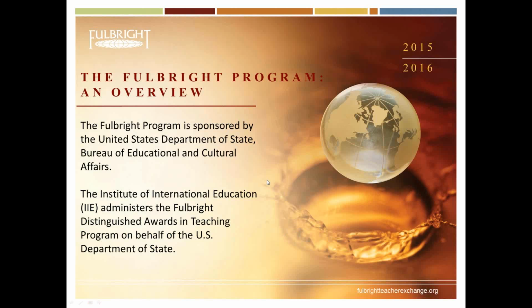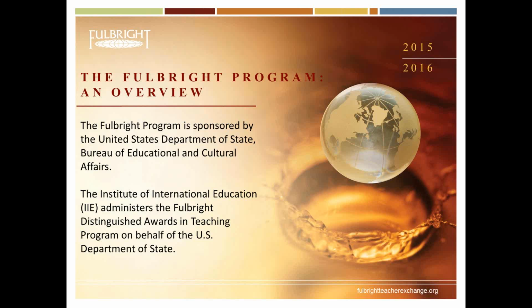Hopefully. There we go. All right, on this slide I want to give you a general overview of the program, and this overview applies to all countries, the entire program overall. Many of you, if not all of you, are very familiar with the name of the Fulbright program. The Fulbright program itself is sponsored by the United States Department of State, Bureau of Educational and Cultural Affairs.